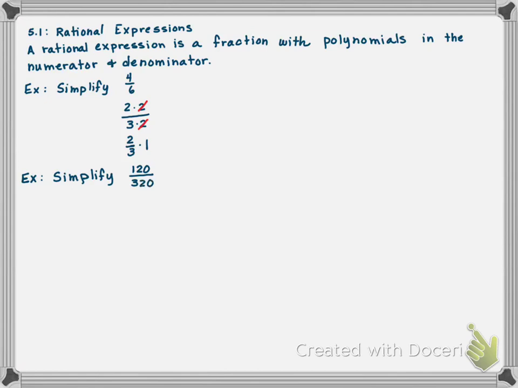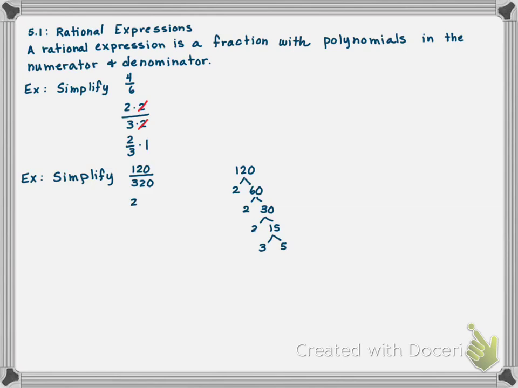Some of you might have seen this before, we can use prime factorization. Prime factorization you can do using a factor tree, right? So 120 is 2 times 60, which is 2 times 30, which is 2 times 15, which is 3 times 5. When you practice this a lot, you can do it in your head. When I look at 120, I think of 10 times 12, right?